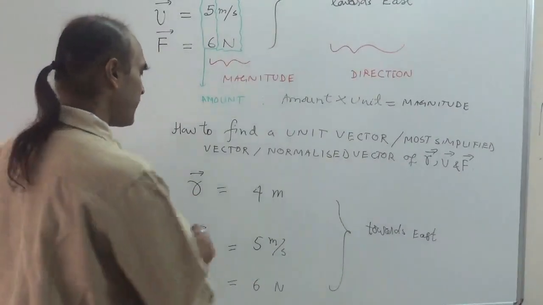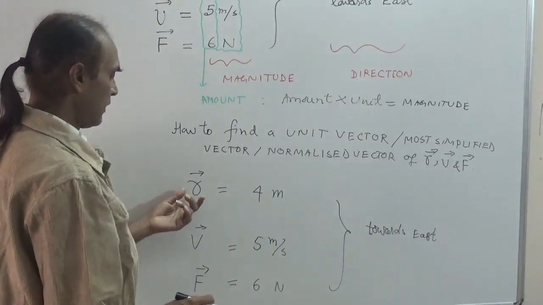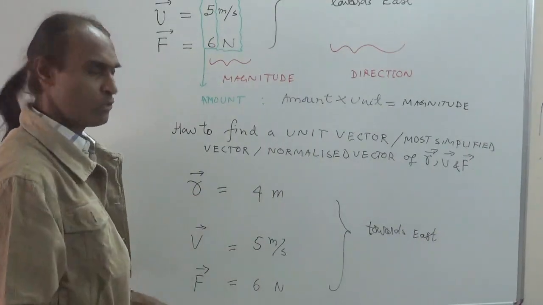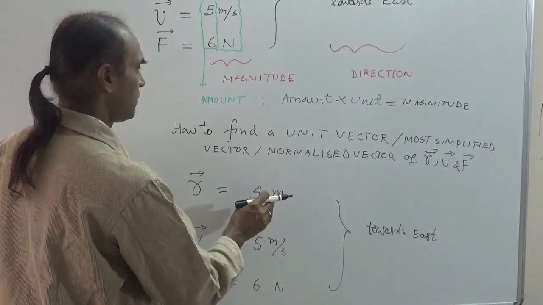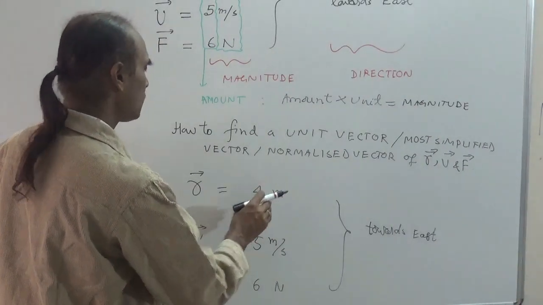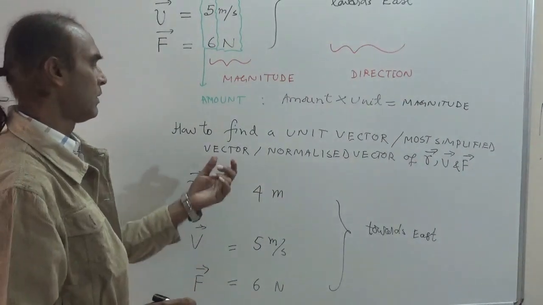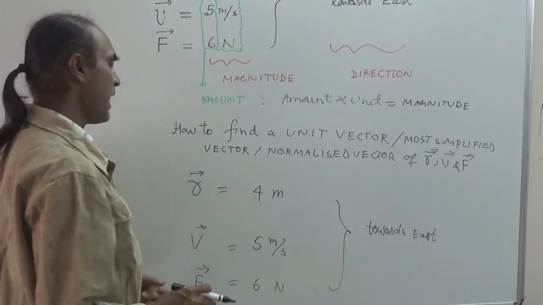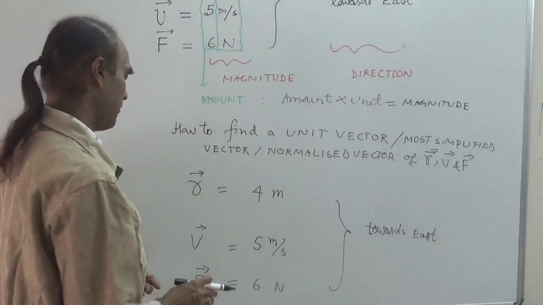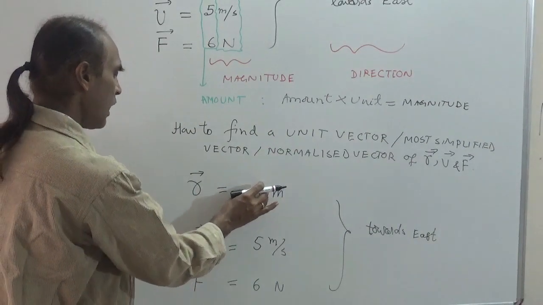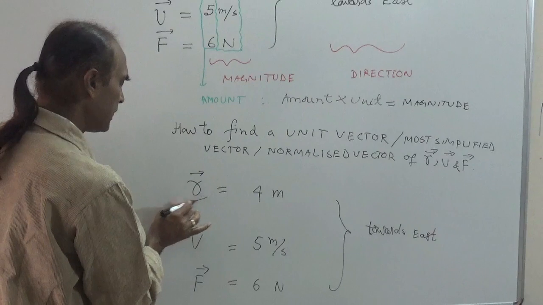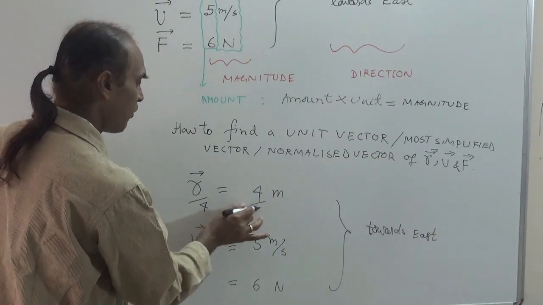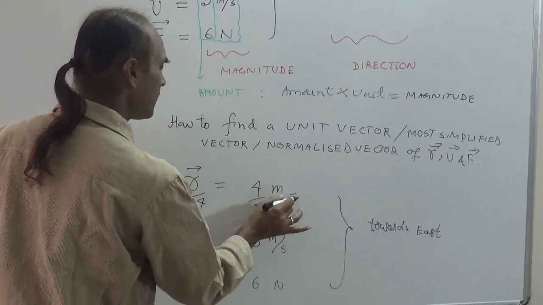Let me divide both sides by their magnitudes. Or better, divide one by one by the amount of each vector, not the magnitude at a time. So the amount of the position vector is 4. Let me divide both sides by 4. And what are you getting?